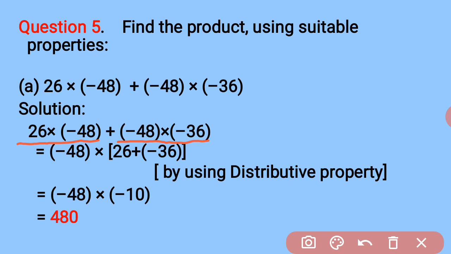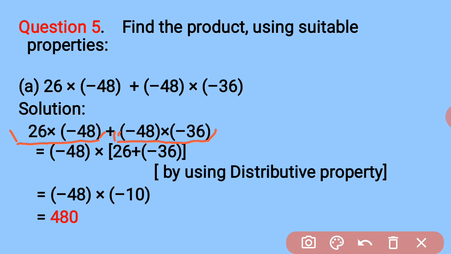So now consider them to be one term each, and let me put them in some trays, the trays you use to carry cups and all. So we are putting these numbers in two trays. And now check what is the same in those two trays.